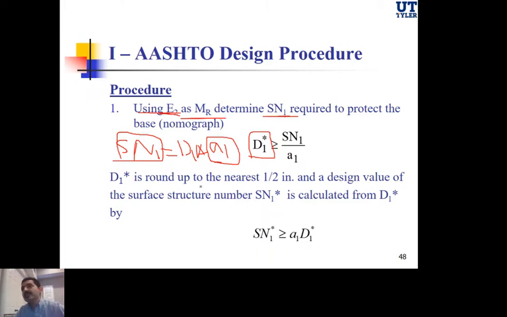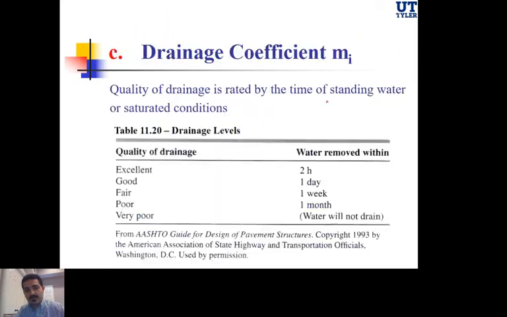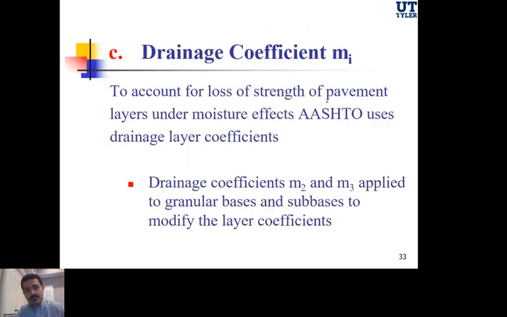Let's say you got structure number one. Well, let's put numbers here. I'm gonna use my calculator as a backup. Let's say the structure number one, I'm just gonna assume a number, equal to 3.2, and A1 is equal to, let's go back to A1 values from the previous lecture to pick a correct number, let's say A1 is 0.44.